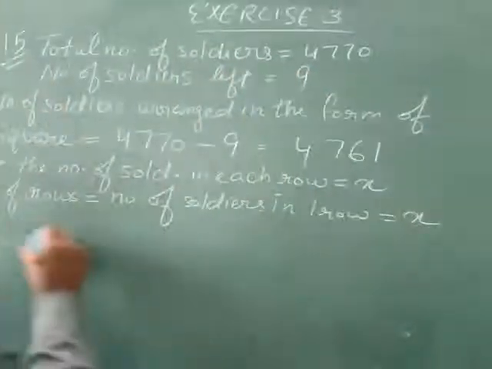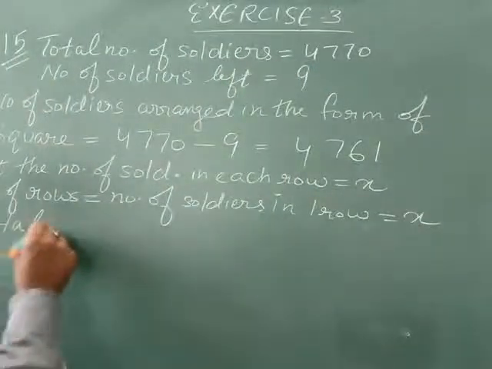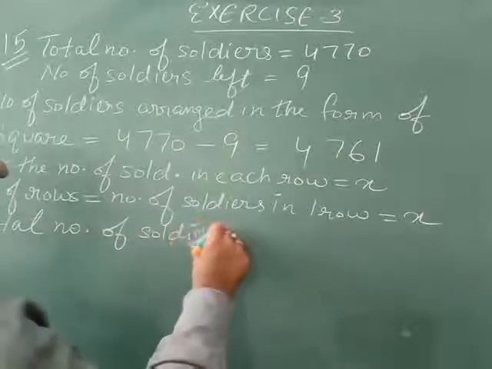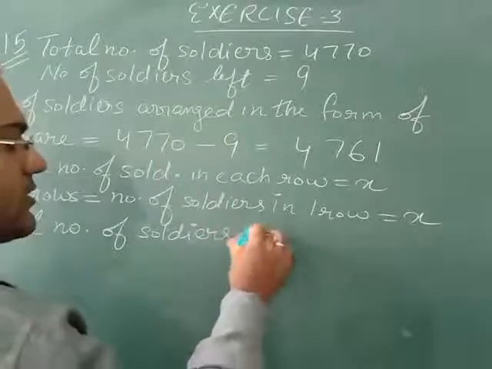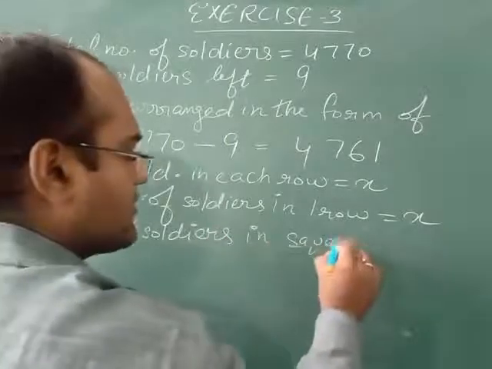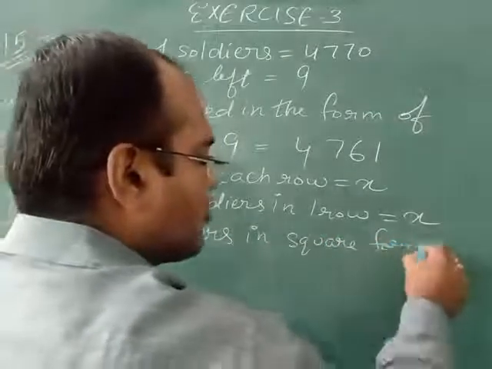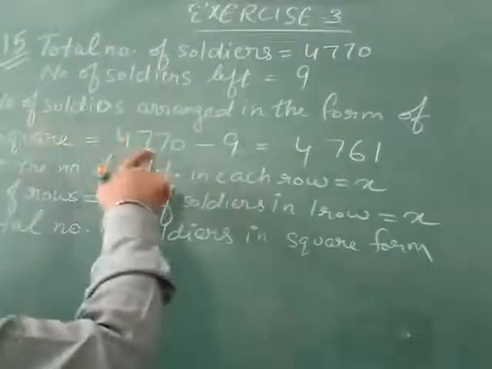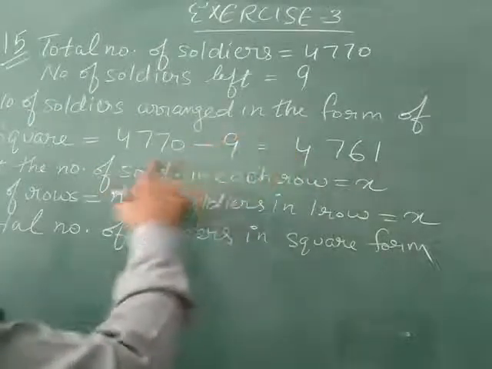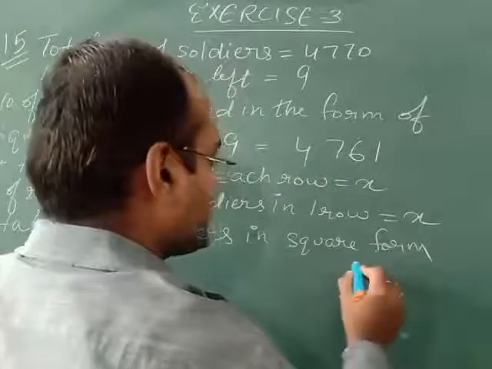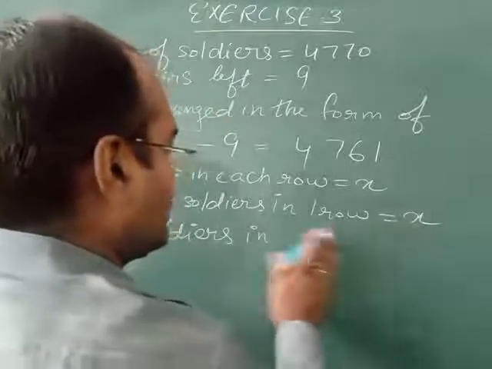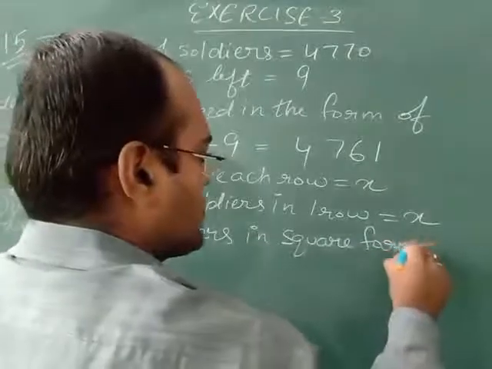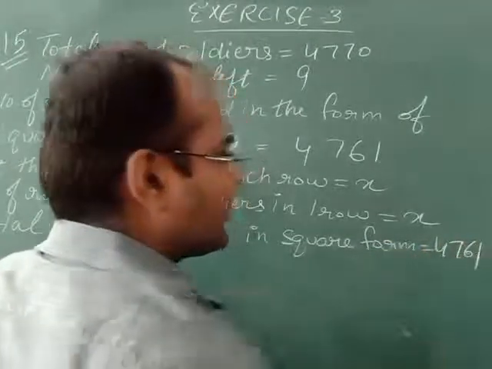Now total number of soldiers in square form. टोटल सोल्जर जो हमने स्क्वायर फॉर्म में लिए थे वो यहाँ पर आपने निकाला था, 4,761.